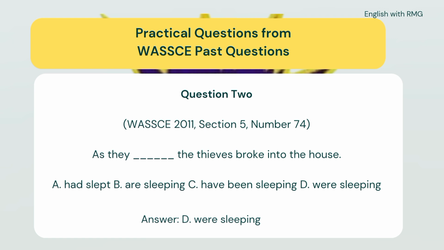They were sleeping. As they were sleeping, the thieves broke into the house. Do you understand? I hope you got it correctly. Did you pick D or you picked something else? If you picked something else, kindly watch the rules one more time. Thank you. So let's move on to the next question.